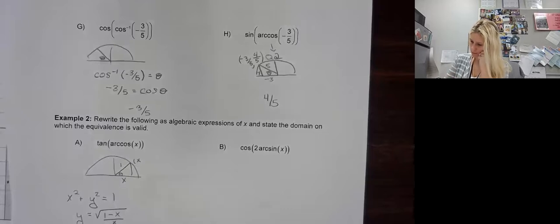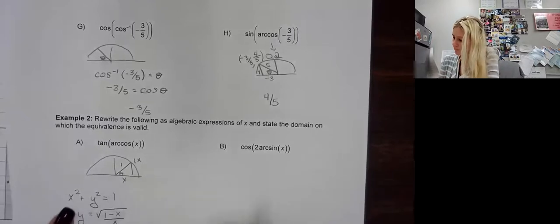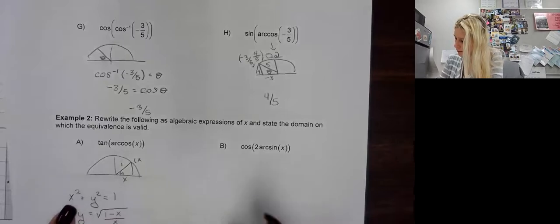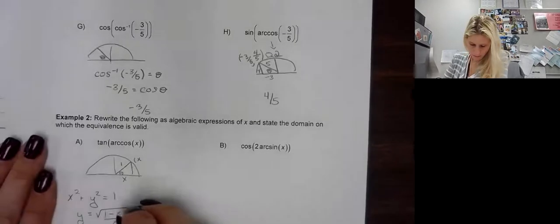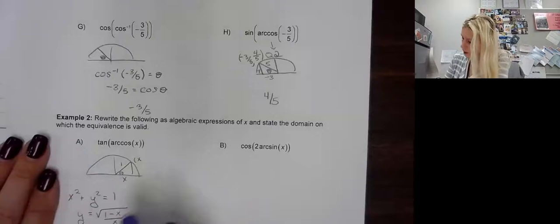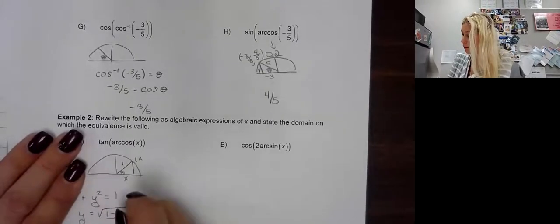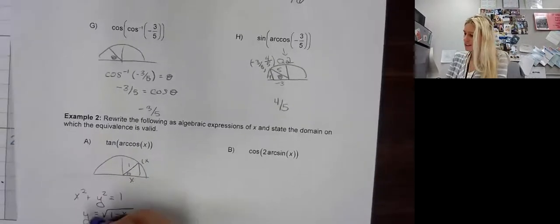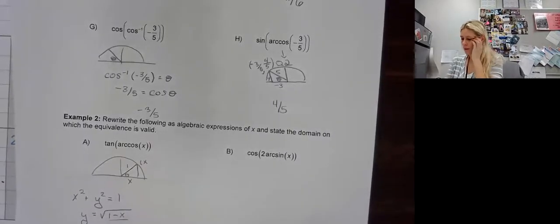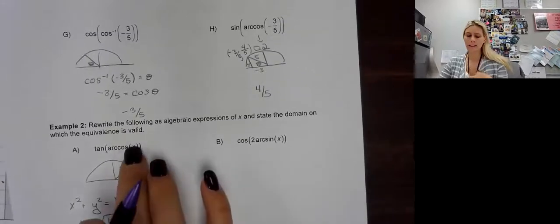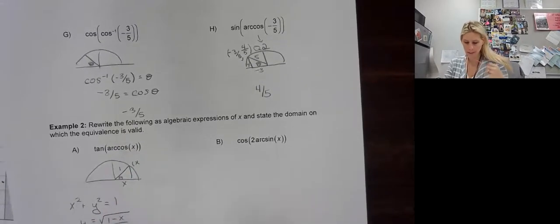Did I go too fast on that? Sorry guys, I'm going too fast for my own good. All right, so we get y equals the square root of 1 minus x squared. In the future, we're going to think of this as positive, negative, but this is a positive x here.